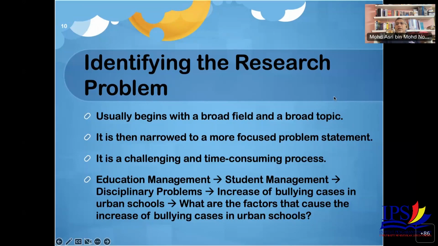Once we have achieved that goal, then we just stop. We don't have to go further. We tell ourselves, okay, I just want to discuss the history of leadership from this period to this period.